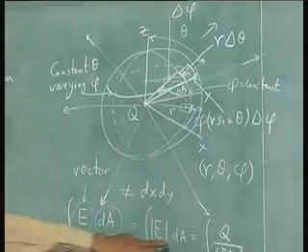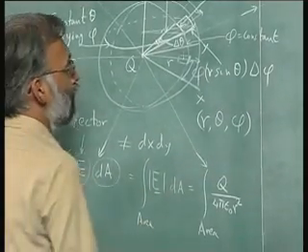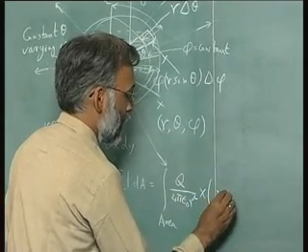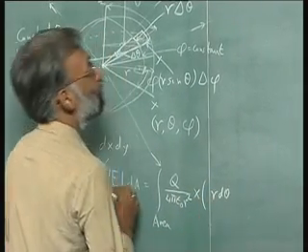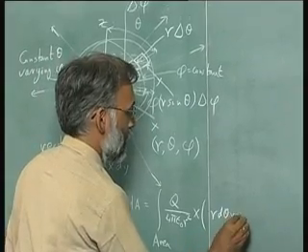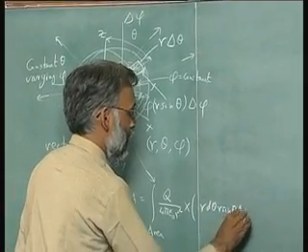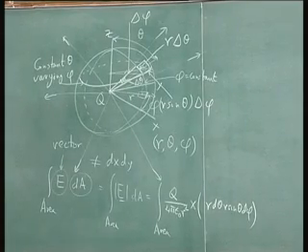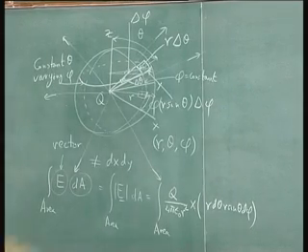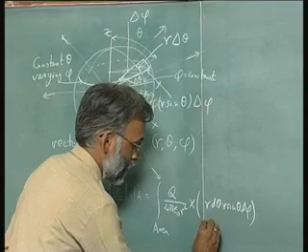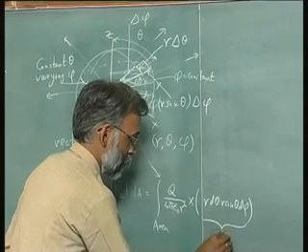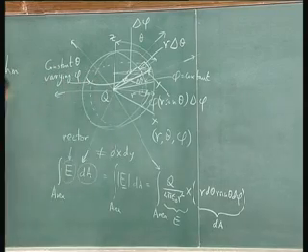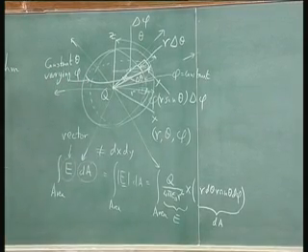So, now I can write down what dA is. It is r d theta times r sin theta d phi. So, this is dA, and this is E. So, I am multiplying E by dA.